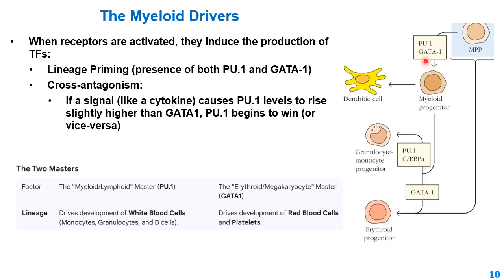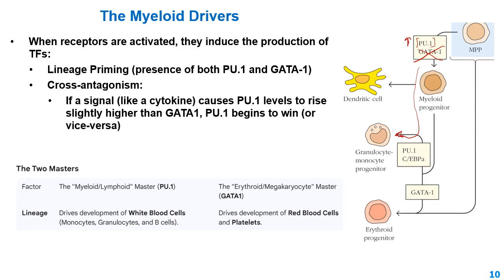All right. So now this cell got a signal telling it, okay, increase your concentration of PU1. Once this happens, then automatically GATA1 gets suppressed, and the cell is going to take a path that is going to become, let's say, for example, a granulocyte.